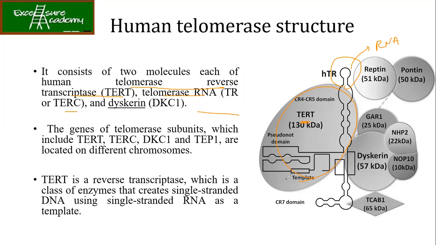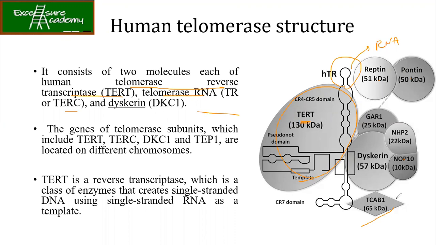So you can see that the main is this particular domain, which is your telomerase reverse transcriptase, and to that we also have the RNA. Okay. And then later we have got the other subunits like dyskerin is there, GAR1 is there, reptin, pontin, NHP2, NOP10, PCB1, all these other different subunits are present.